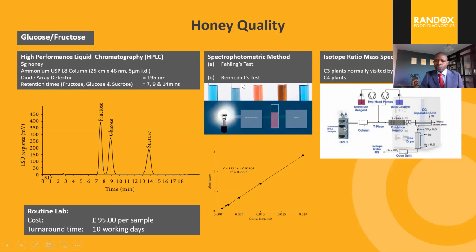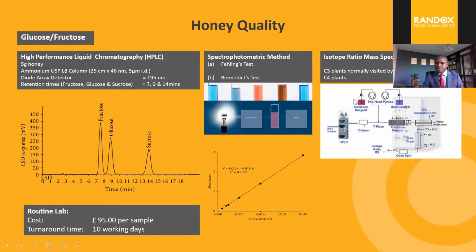But another way to test glucose and fructose is spectrophotometric. Here you can use a simple spectrophotometer to do this. You have the Fehling's test, the Benedict's test, the different types of sugar testing for glucose or fructose.